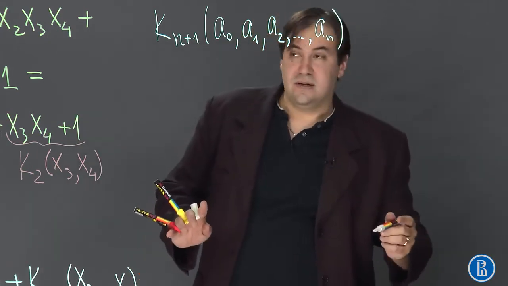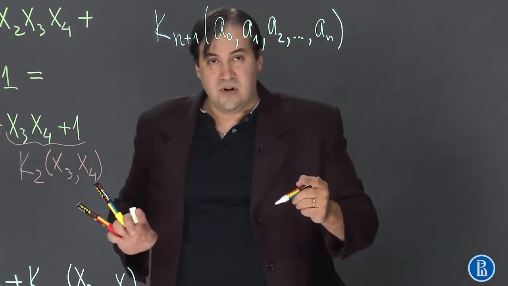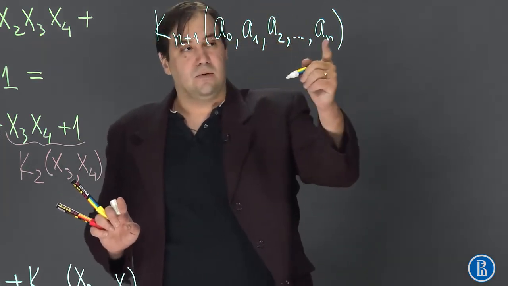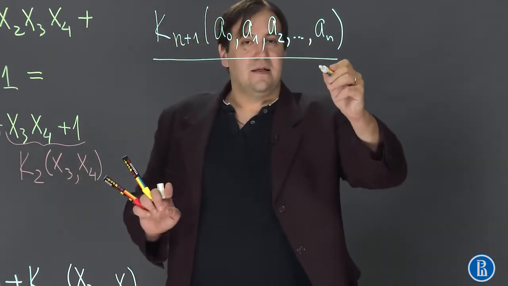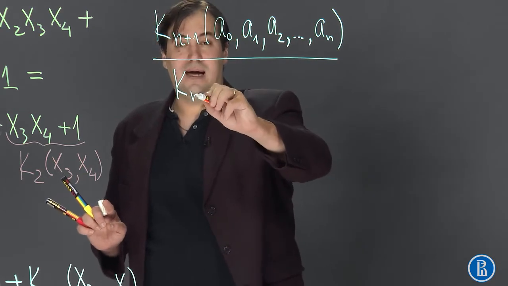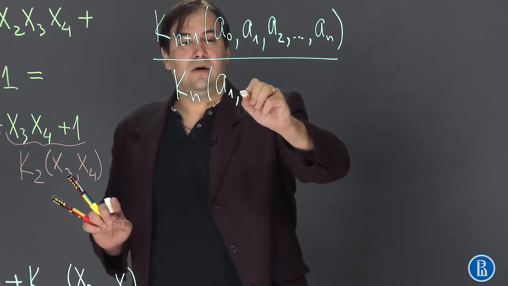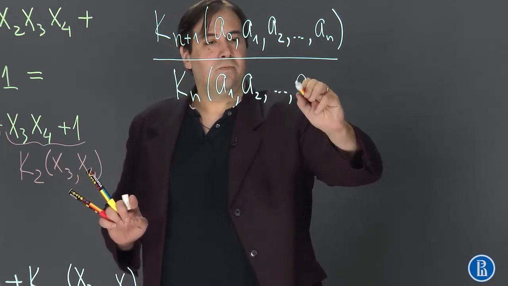So notice that n plus 1 is the number of variables. Well, indeed, variables are from 0 to n. This is the numerator, the denominator will be Kn of all of these a's but a0.